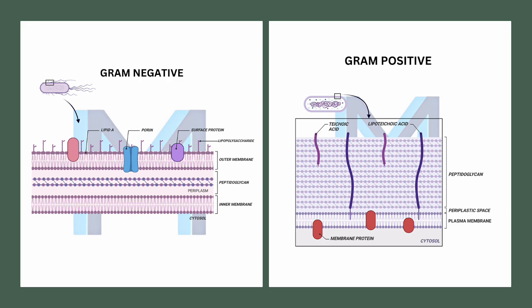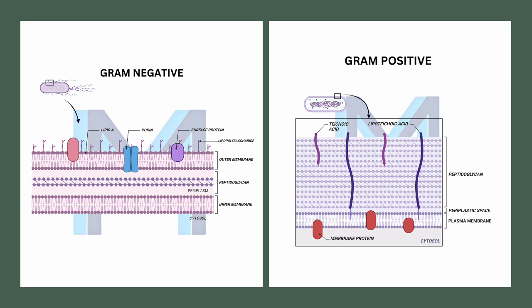Now let's put the gram-negative and gram-positive in comparison and dive into detail to differentiate between them. Hopefully, after this slide, you will have a list and a way to identify the differences between them.